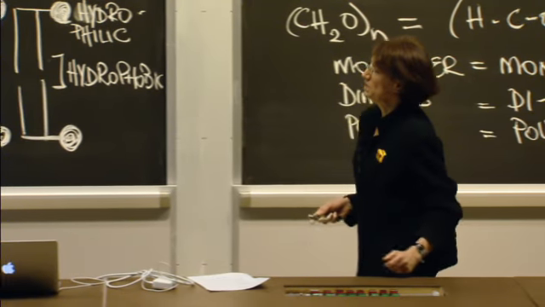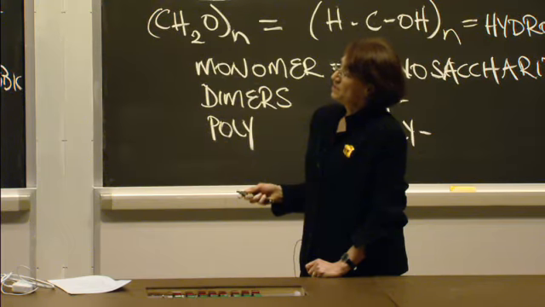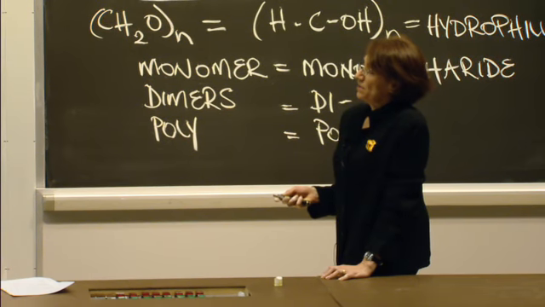Now, depending on the orientation of these bonds between the saccharides, between the monomers, they may or may not be able to be broken by the enzymes, by the chemicals in your body that are involved in hydrolysis reactions.